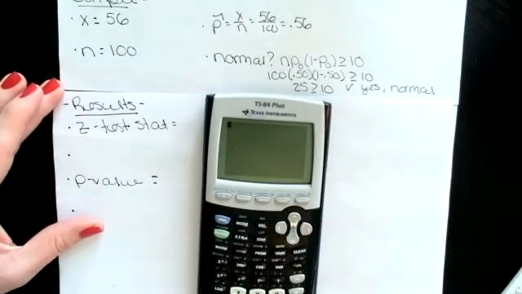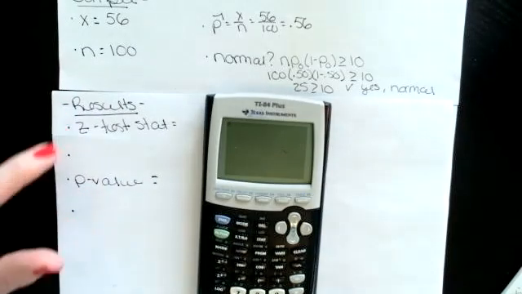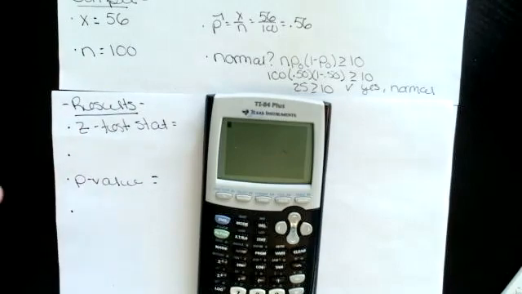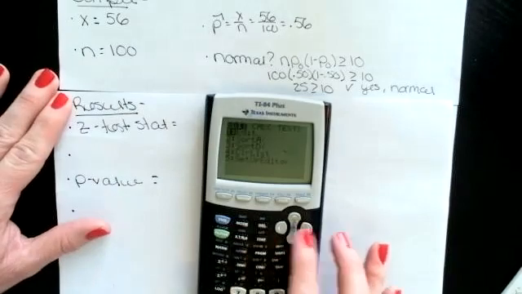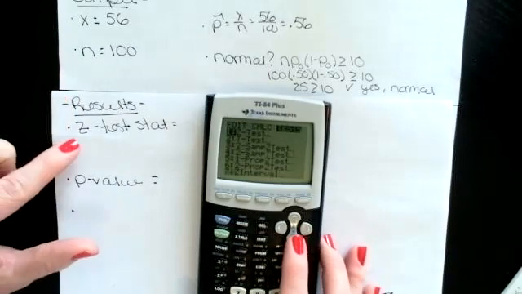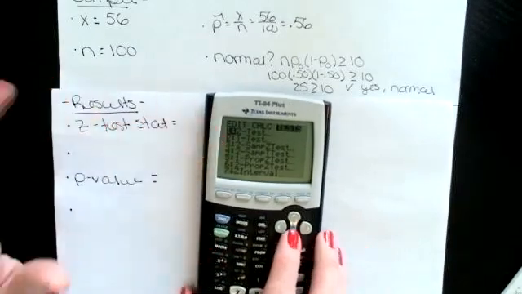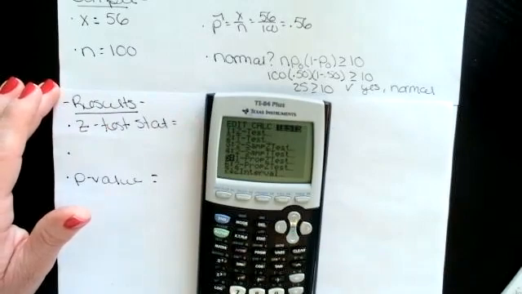For my calculator, I'm going to use the testing function. Remember, you don't have to do it this way. You can find each one individually by using the formula and your normal CDF, but I'm going to use the calculator function. I can find that under stat test. Now, it's categorical, so it's not this first one. A lot of people want to choose number 1, but you need to go down to number 5, one proportion z-test.